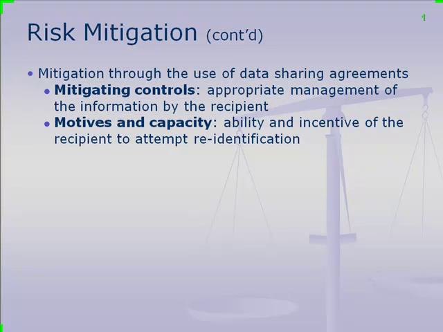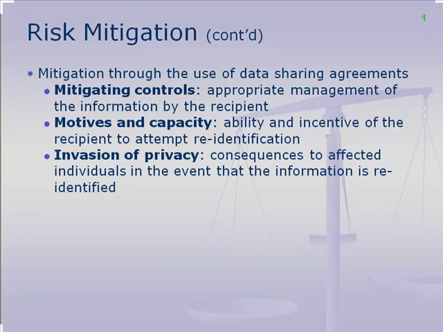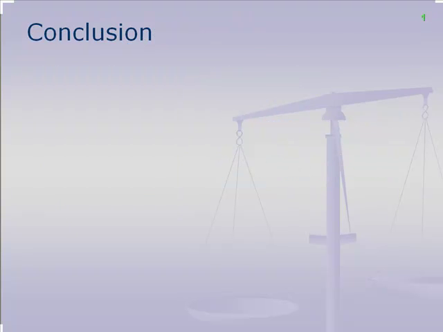They talked about motivation, and this idea captures that. Invasion of privacy, again, came from the Article 29 Working Party, and that's the consequences. You look at the nature of the information if it were to be re-identified, and the consequences to the affected individuals in that case.